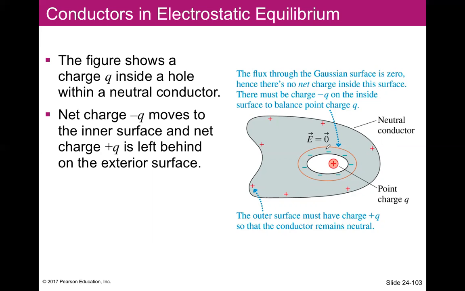No matter whether you make it this way or this way or any arbitrary way, as long as it contains the cavity and the charge inside the cavity, the net charge is zero. Then the electric field inside should be 0. That's another type of screening.